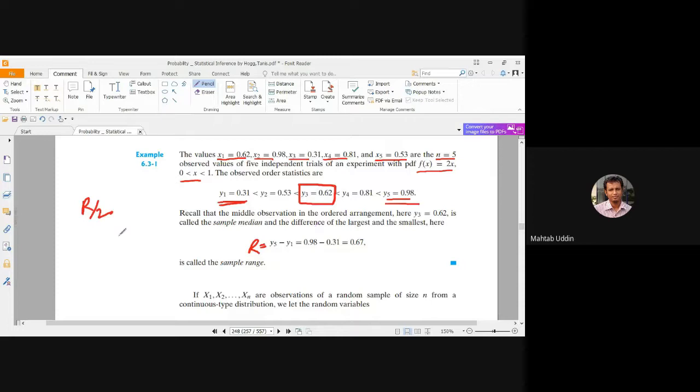Once again, if y3 is less than 0.75, it indicates that y3 is less than 0.75, then definitely y1 and y2 are also less than 0.75.